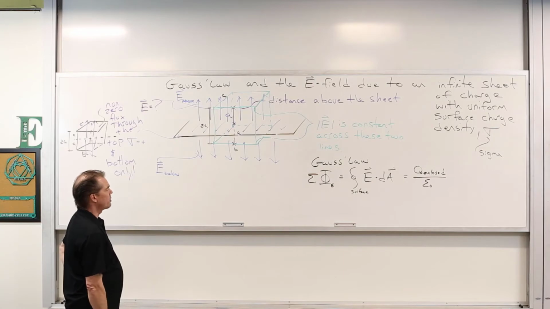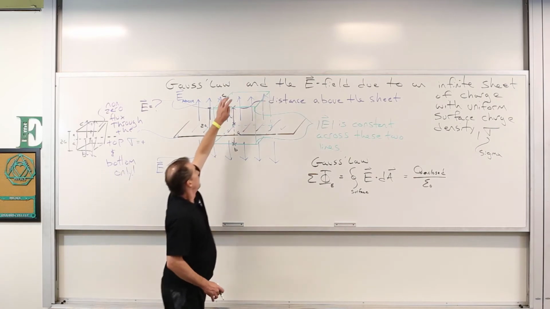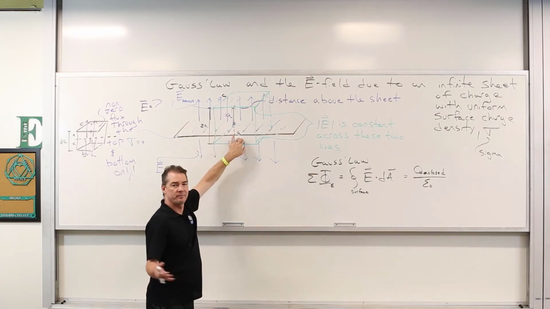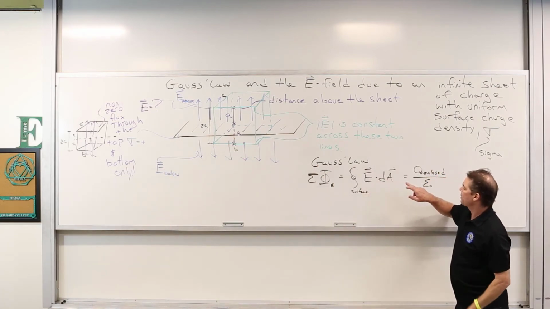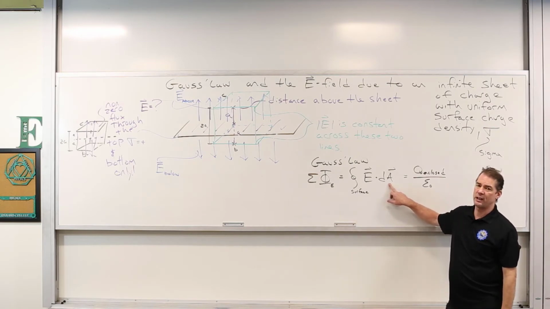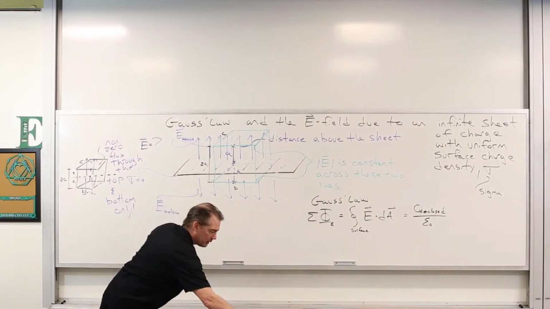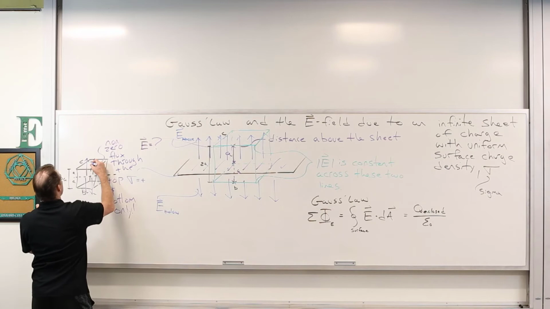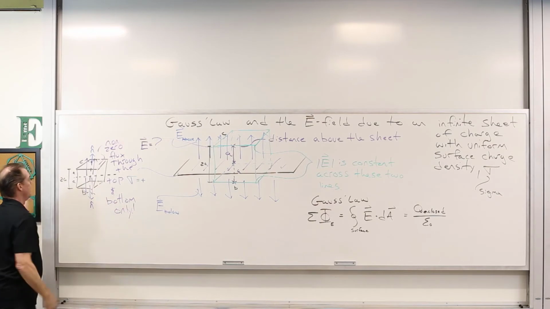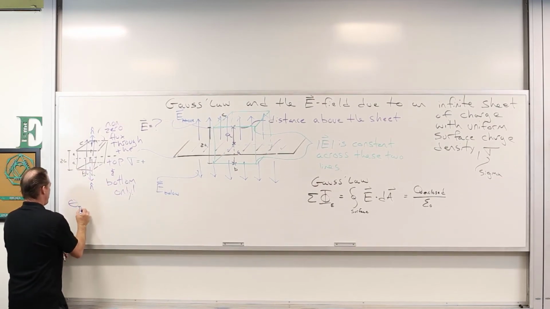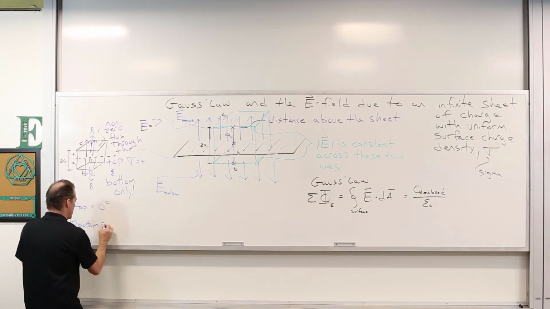So this is what we've got to go with. When we go ahead and start doing this, what do we have? Well, we've got that the magnitude of the electric field through the top and through the bottom is the same. That's great. And we've also got the orientation of the electric field with respect to the normal vector regarding the surface. If we just say the normal vector for this top surface is like this, n hat, and the normal vector for the bottom surface is like that, n hat, we've got that the angles, theta top and theta bottom, are equal to 0 degrees.